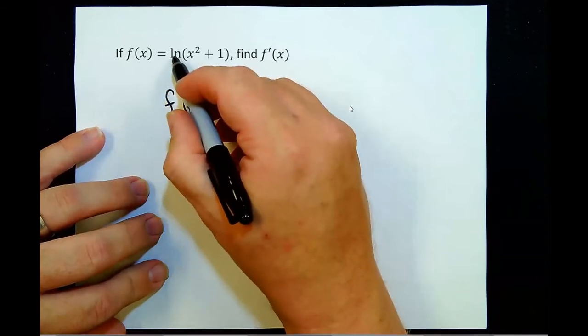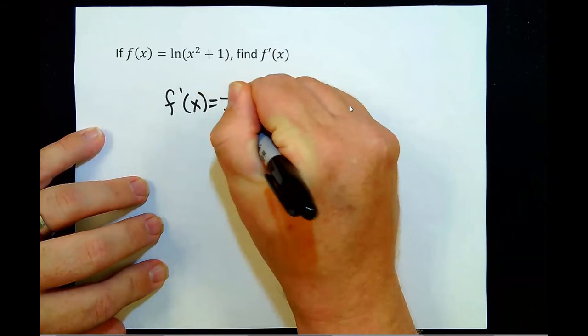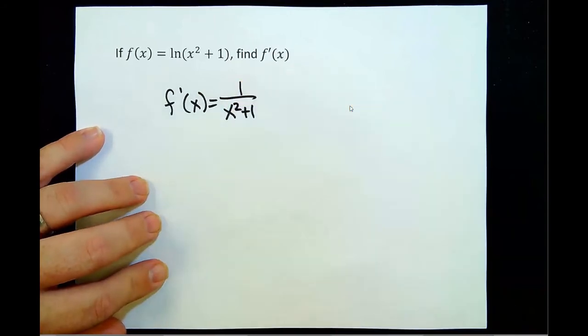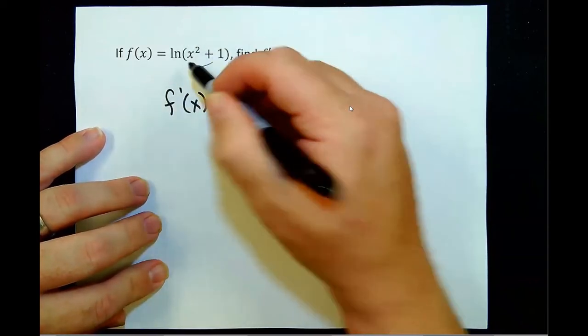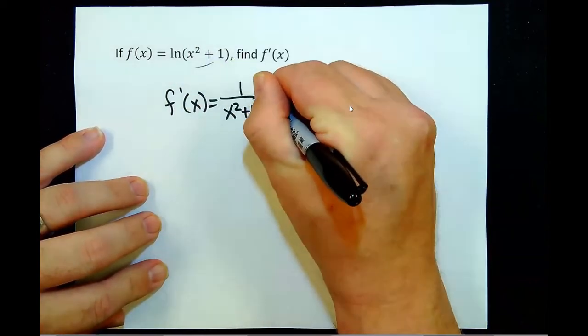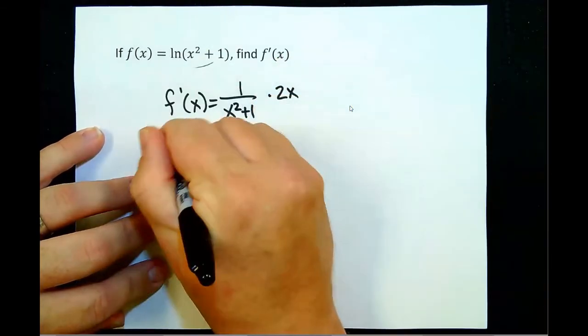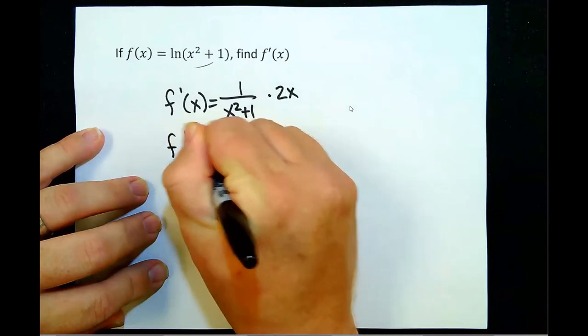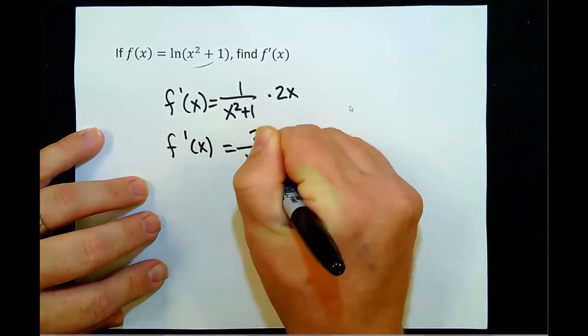So the derivative of the natural log of that would be 1 over that. Then we have to find the derivative of the inside, chain rule. So the derivative of the inside is 2x. So my derivative would be 2x over x squared plus 1.